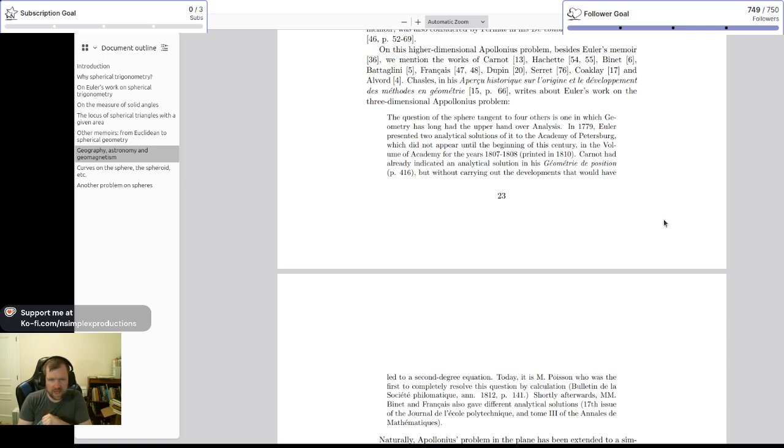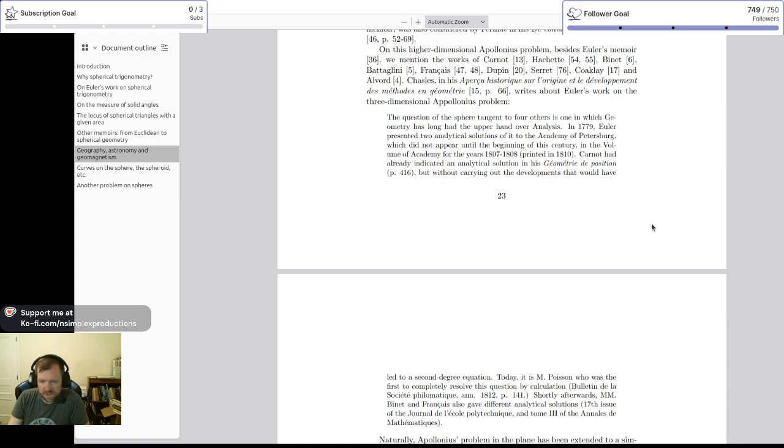In the volume of the Academy for the years 1807-1808, printed in 1810, Carnot had already indicated an analytical solution in Géométrie de Position, but without carrying out the developments that would have led to a second-degree equation. Today it is Monsieur Poisson who was the first to completely resolve this question by calculation, in the Bulletin de la Société Philomathique.